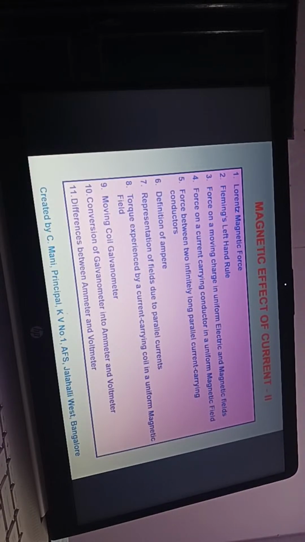Electrostatic torque is experienced by a dipole, and again I told you very clearly that magnetic torque is the rotational force experienced when a current carrying loop is placed in the magnetic field. So that is ILB sin theta. Correct, na? Yes, sir.